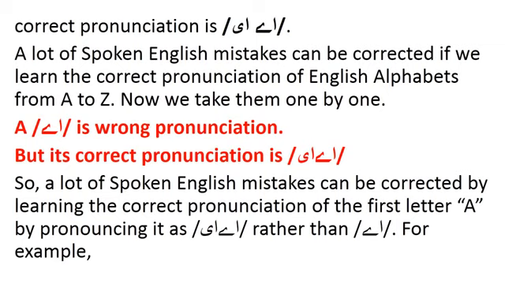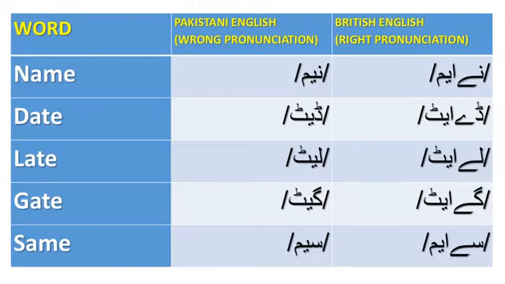So, a lot of spoken English mistakes can be corrected by learning the correct pronunciation of the first letter A, by pronouncing it as A rather than A. For example, here a table is given.